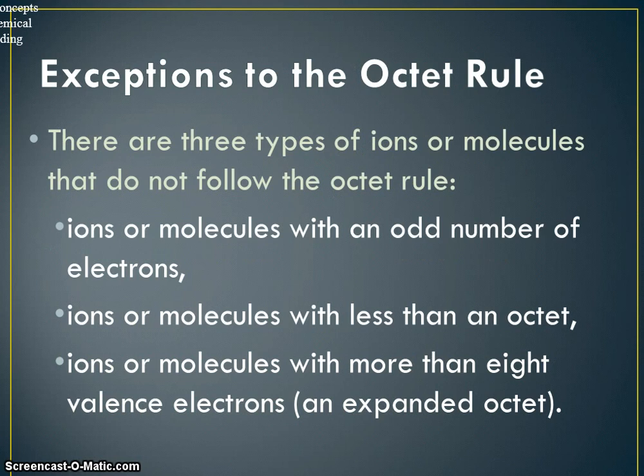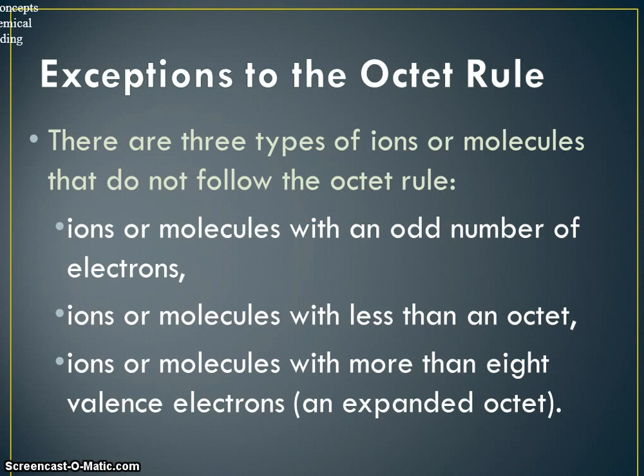So the three types. First of all, you could have a combination of elements that gives you an odd number of valence electrons. An example of that we will see is nitrogen monoxide, which only has 11 valence electrons. We could also have something that has less than an octet. We already talked about hydrogen, helium, lithium, beryllium, things that do the duet rule.